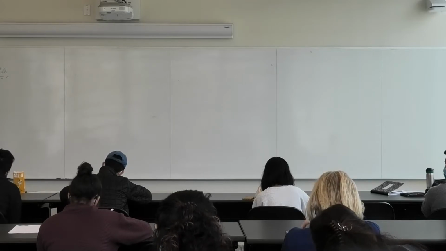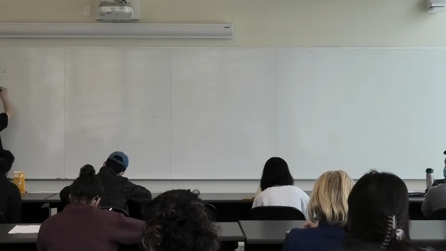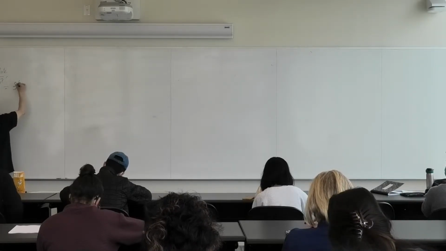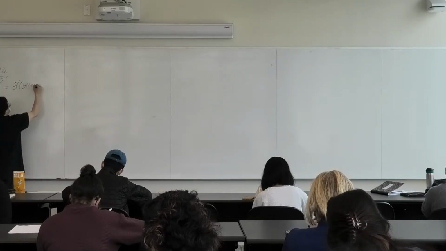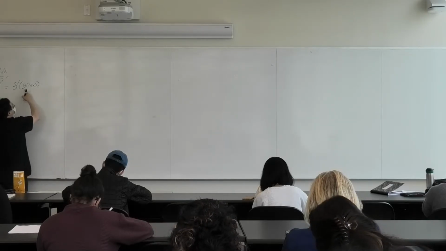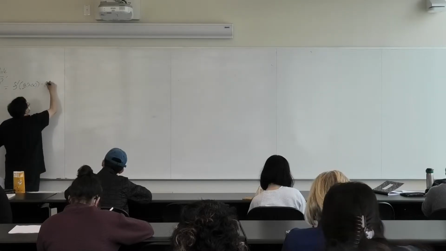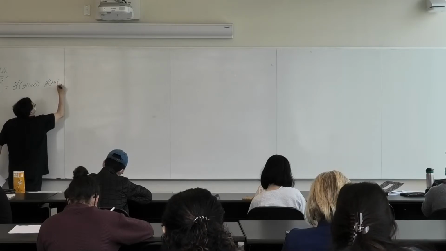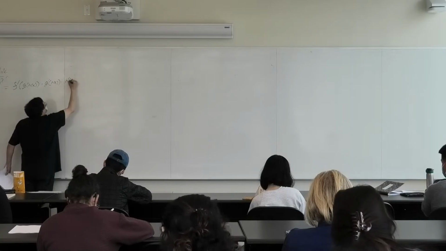Well, the Newtonian version of that looks kind of ugly. The derivative is going to be the derivative of f at g of h of x times the derivative of g of h of x. Well, what's that? That's the derivative of g at h of x times, now we have to multiply again by the derivative of h of x.